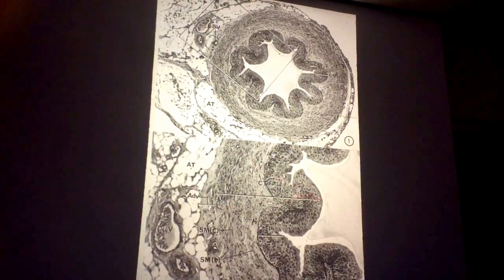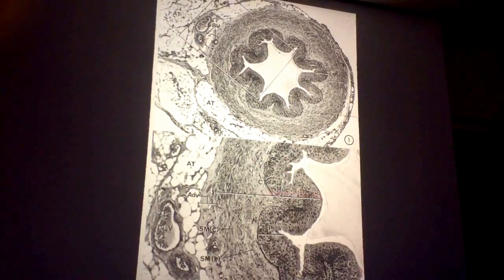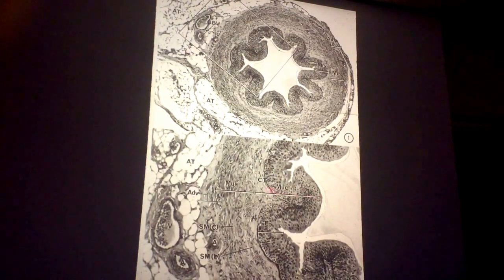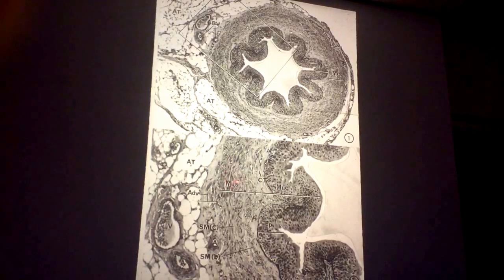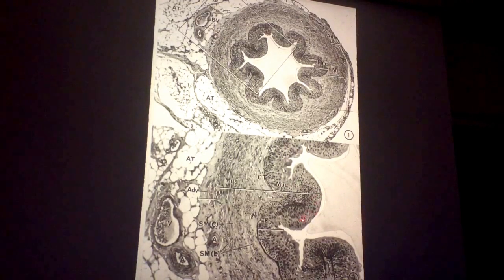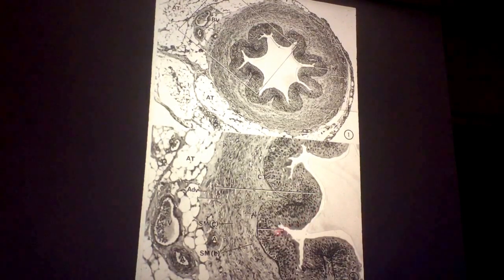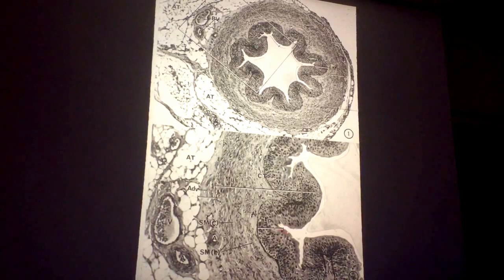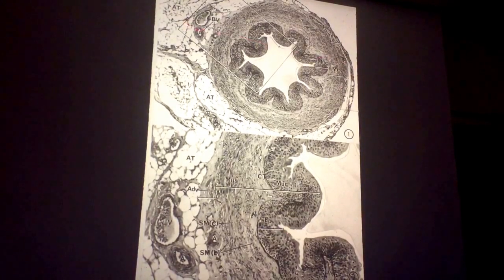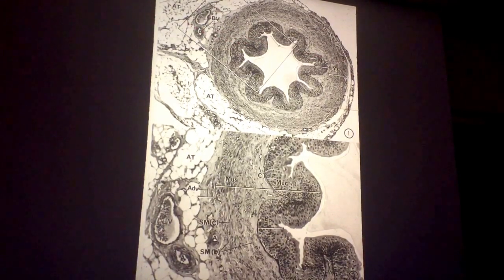We can see its mucosa in higher magnification here. Has a muscular coat, lamina propria. It'd be nice if we could increase the magnification to look at these cells, but there's a characteristic cell right there. So this organ is what? Ureter.